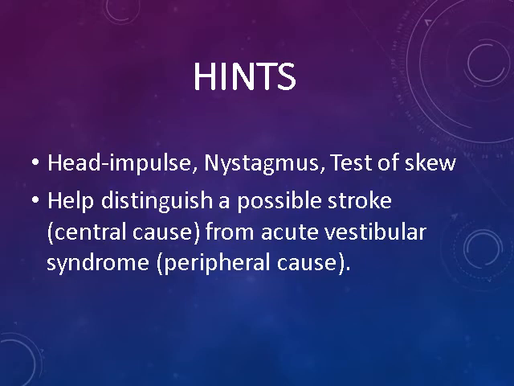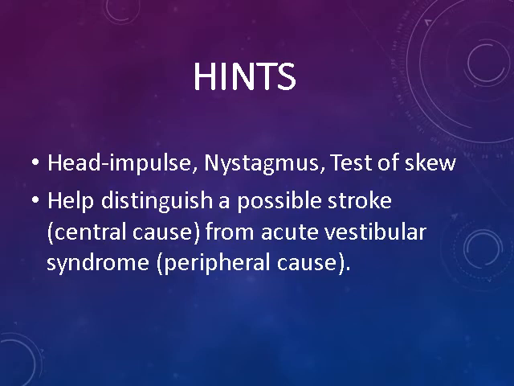Some patients with acute vestibular syndrome turn out to have a life-threatening condition, like a brainstem or cerebellar stroke, that might mimic the presentation of acute peripheral vestibulopathy.